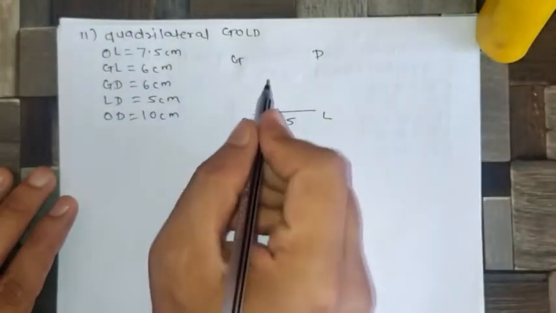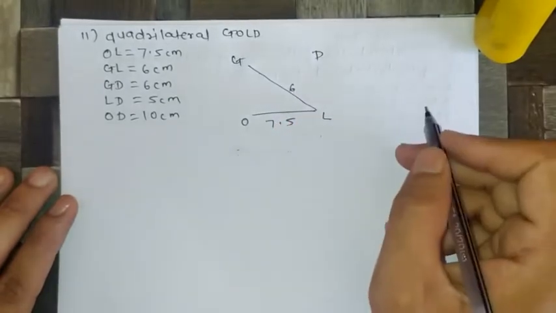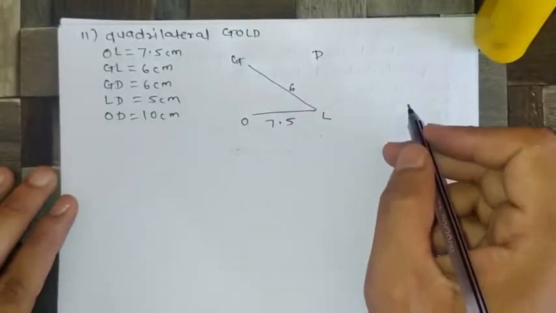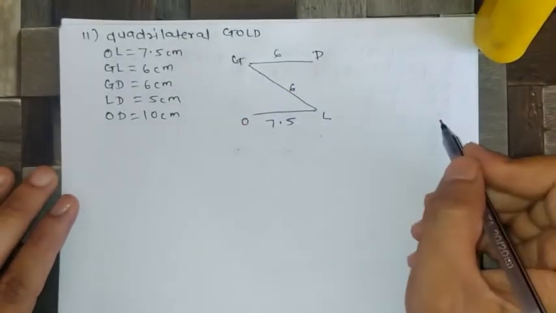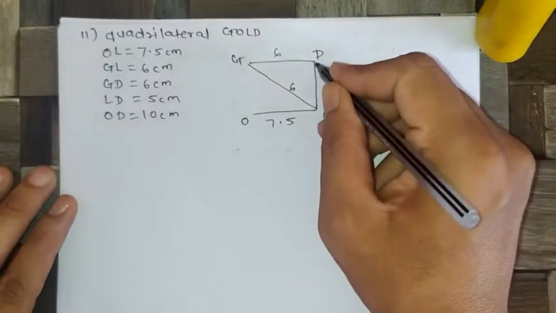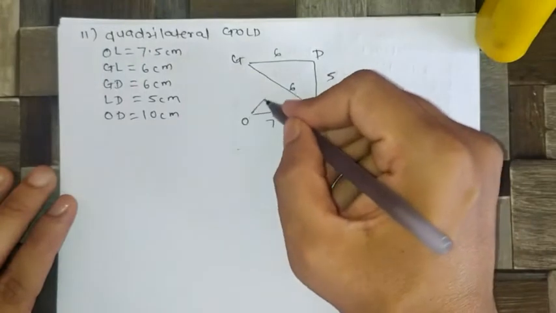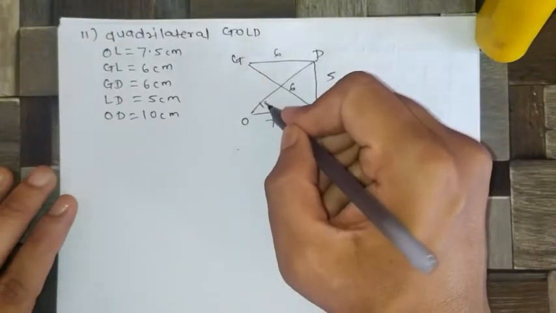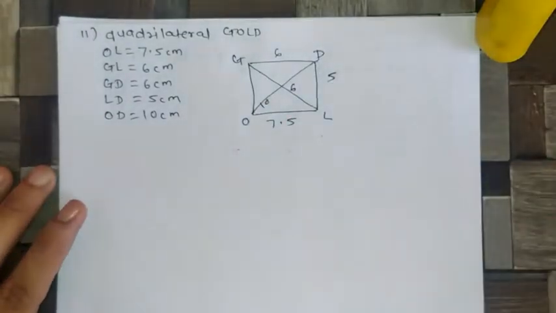GL means this side will be there, that will be 6 centimeter. Then GD is also 6 centimeter. Next one is LD is 5 centimeter. And OD is 10. This side is 10. And then at the end you have to join this. So this is our rough diagram.